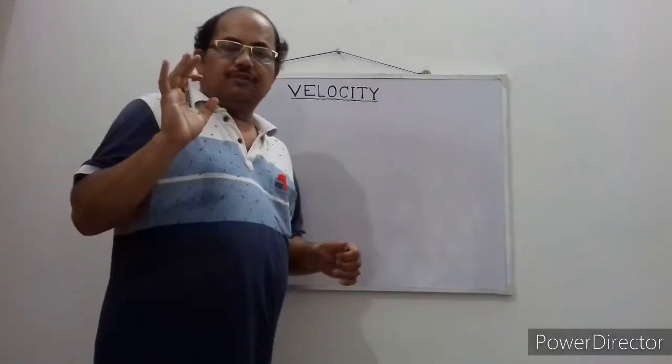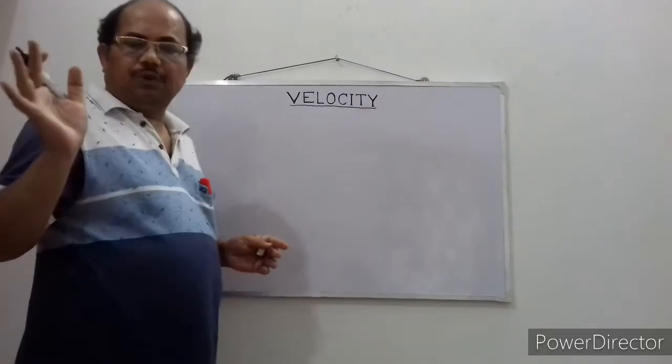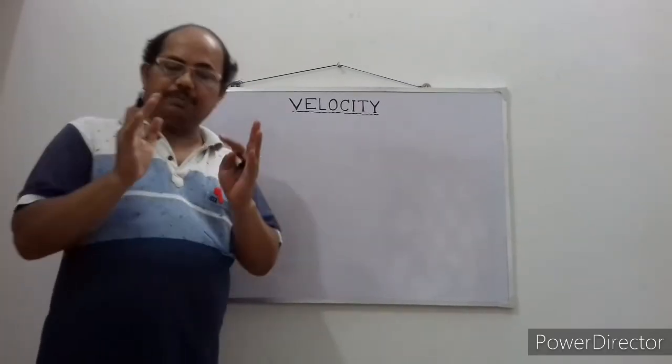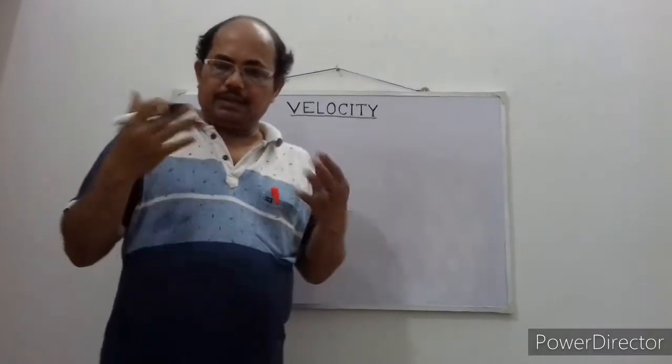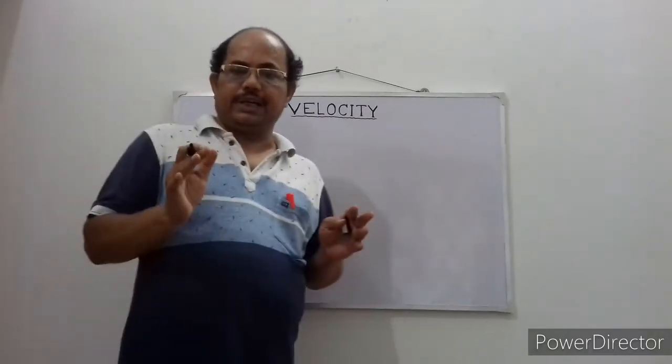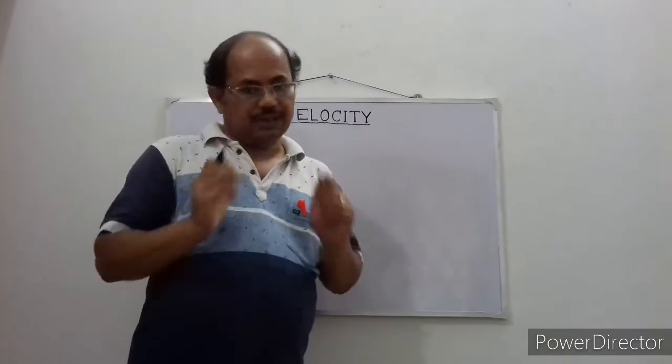Now as velocity may not be uniform, that means for the same time interval the displacement may not be the same, we may have to take the average velocity.